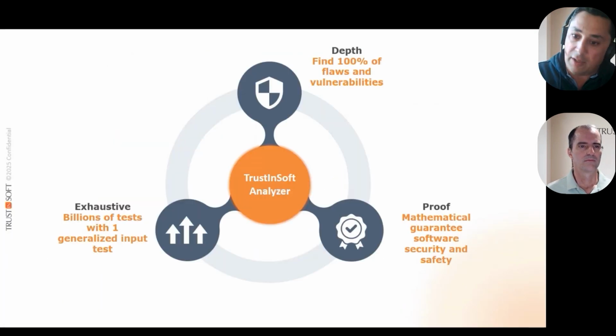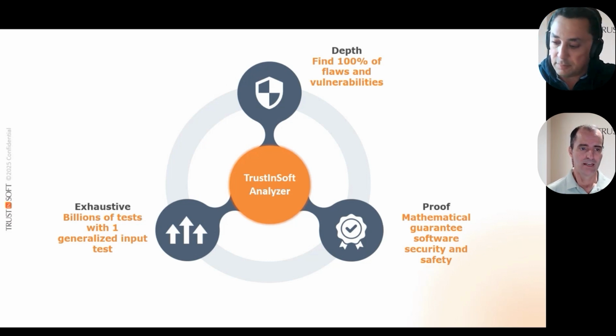Again, Gavin, I don't know if you want to say something more on the background here, but what was interesting is we did find a few things. Yeah, so if you're following along, and like I said, we've got a number of other videos in this series of Code Unboxed, but in summary, what TrustInSoft Analyzer does, Roland, you went through a couple of examples there. We use formal methods and apply that within the solution.